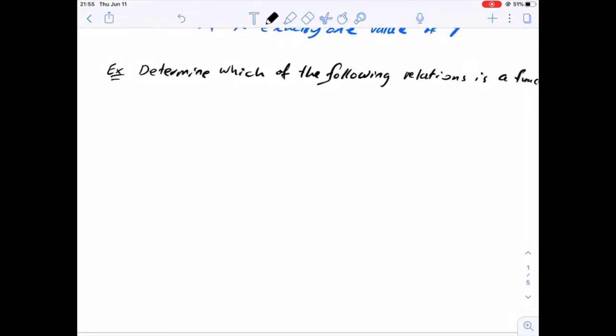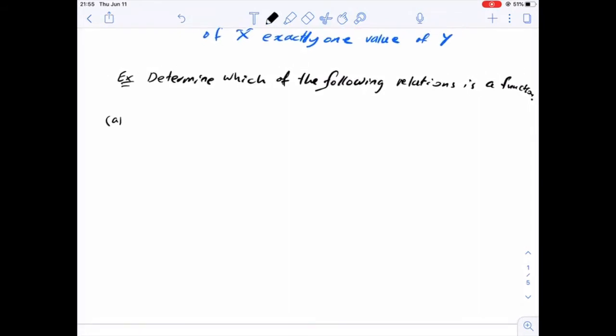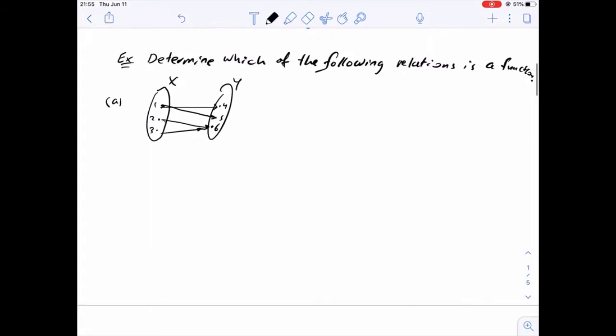Part A, we have this set X and this set Y, and we have some relation between 1, 2, 3, 4, 5, 6: 1 is related to 4, 1 is related to 5 as well, 2 is related to 6, and 3 is related to 6.